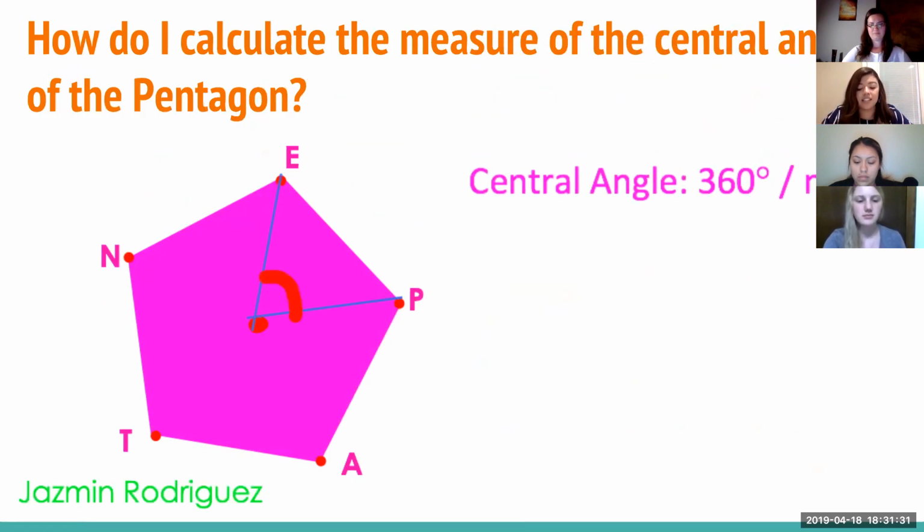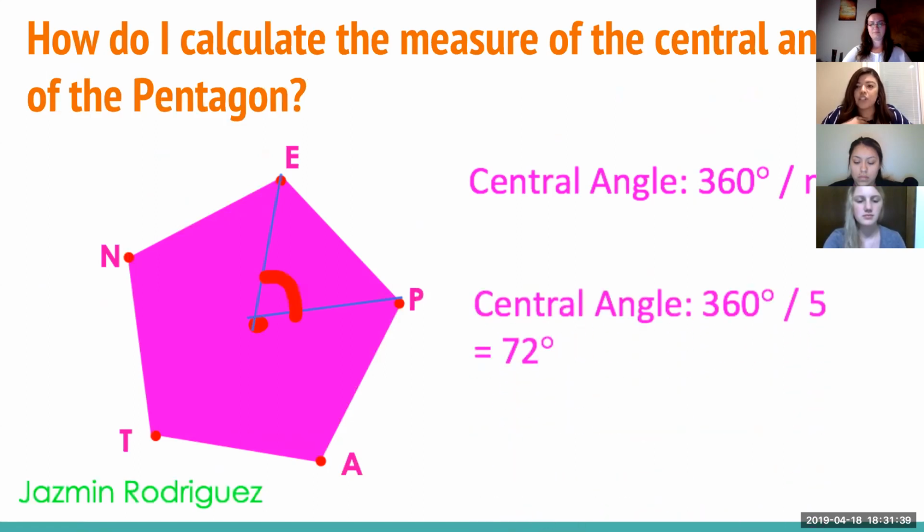In this instance, we have a pentagon, which means it has 5 sides. So our equation would be 360 divided by 5, which gives us 72 degrees. In other words, the number of central angles of a regular polygon will be equal to the number of sides of the polygon. Thank you, Jasmine.